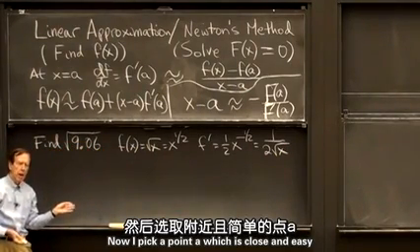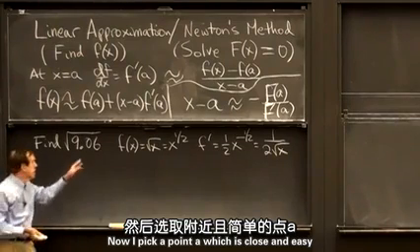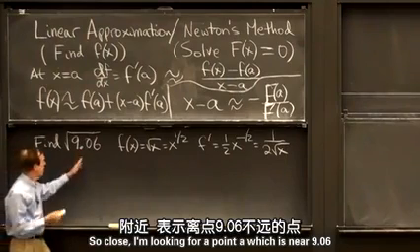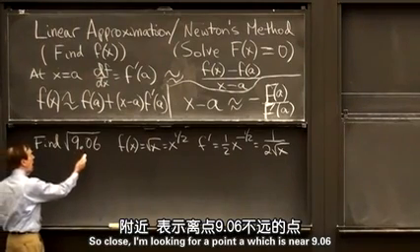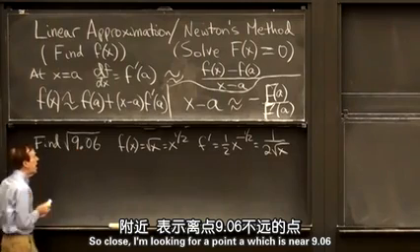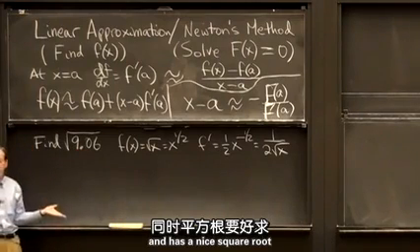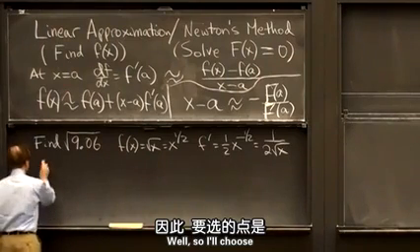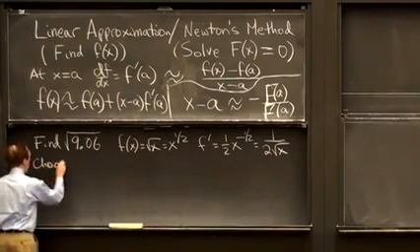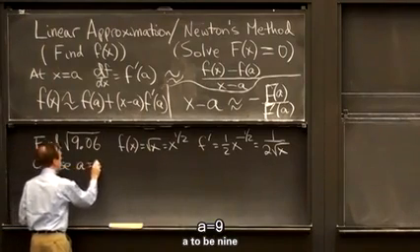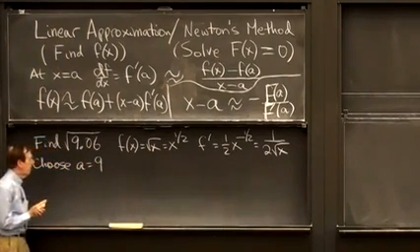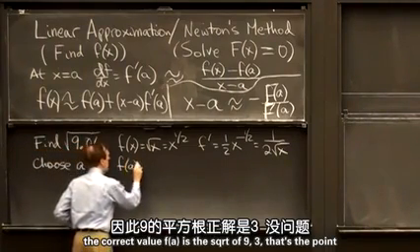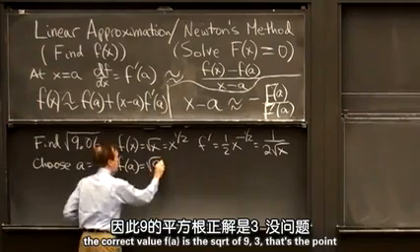Now I pick a point A, which is close and easy. I'm looking for a point A which is near 9.06 and has a nice square root. Well, 9. So I'll choose A to be 9. The correct value, f at the point A, is the square root of 9, which is 3.